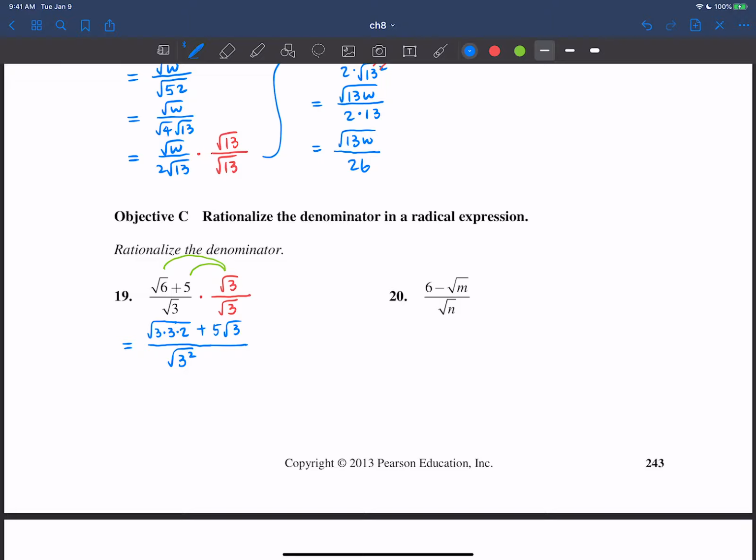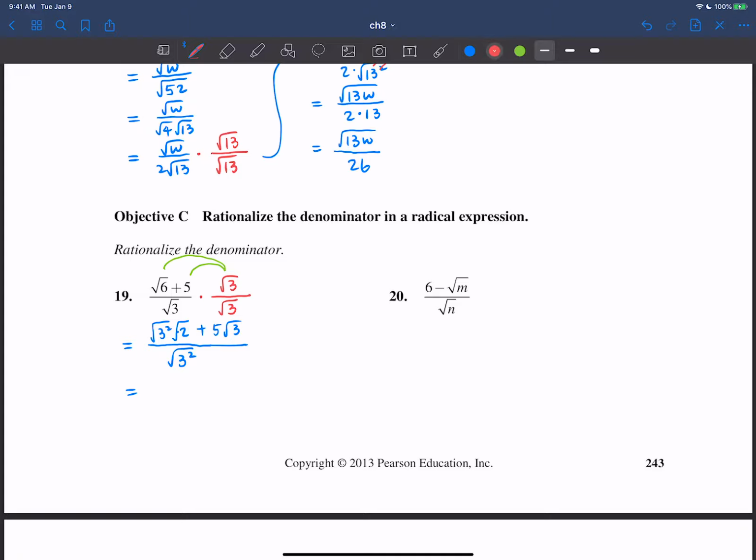It's because 3 times 3, you have that perfect square right there. And that simply becomes 3 squared times 2. So you have a perfect square right underneath that. And then I can break down into two different radical signs and rewrite that as square root of 3 squared times square root of 2 plus 5 square root of 3.